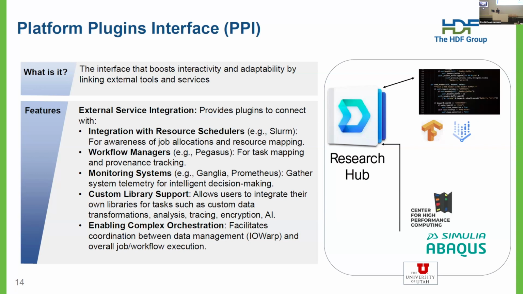You also want the scientists to be able to use any of their own libraries or software in these tasks. So they can use, for example, any compression that they want, do any analysis programs they're using, tracing, encryption, or any AI. So for example, for the University of Utah, they might find it beneficial to switch between different AI models.